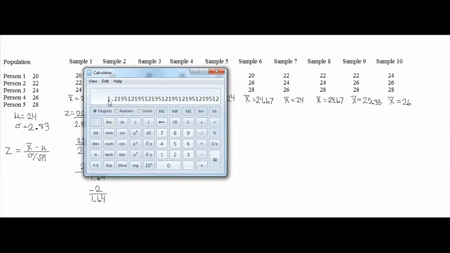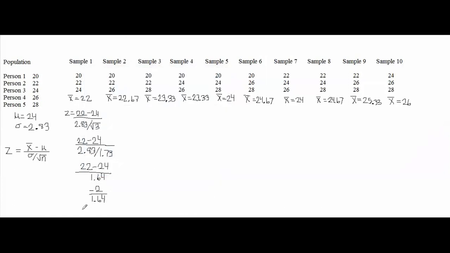So it's actually -1.219, which is about -1.22. So our z-score for sample 1 is -1.22.